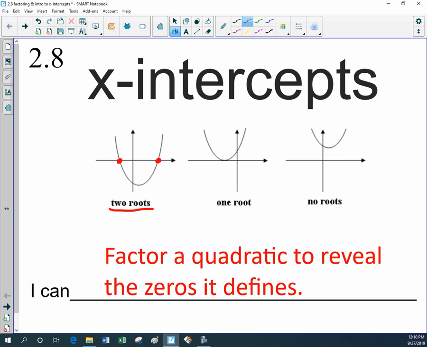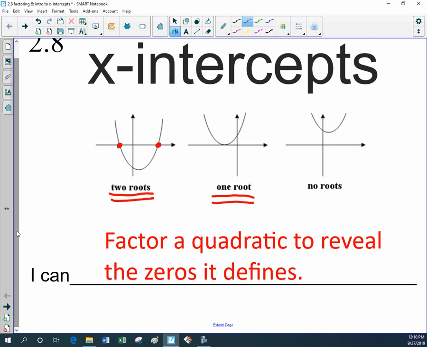When it says two roots, what that means is that there's two solutions. If there's one root, that means there is one solution. What one root would look like when we factor it is something like this. We would factor the problem and get two sets of parentheses that are the same.